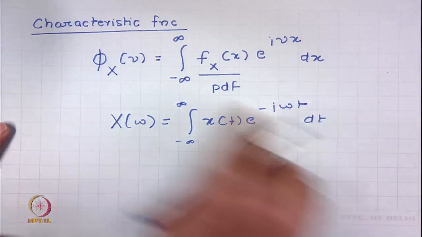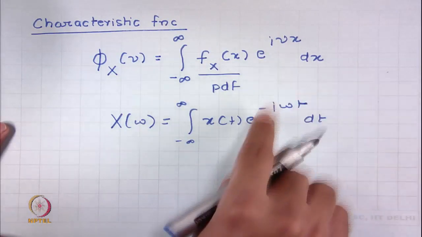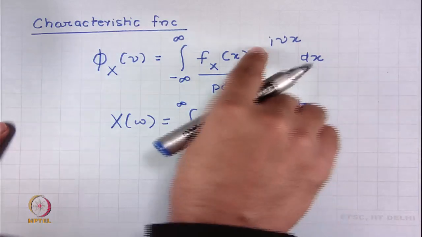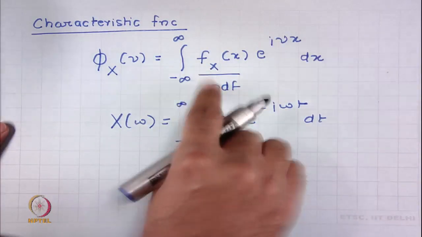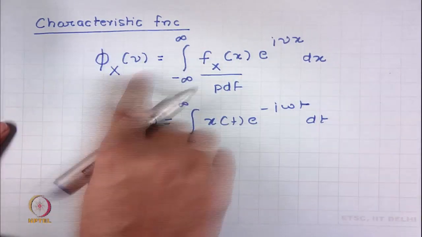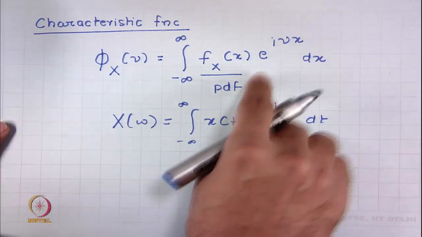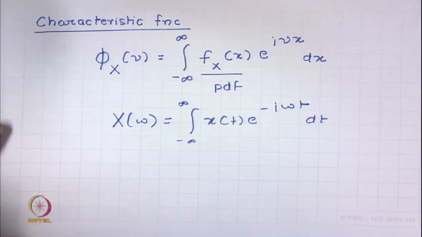This expression looks very similar, other than that there is a negative sign here and a positive sign here. So I can think of the characteristic function as the Fourier transform or inverse Fourier transform of the probability density function.